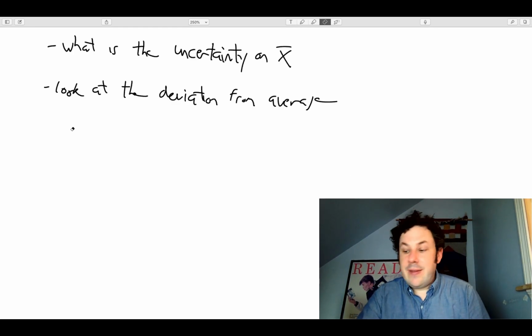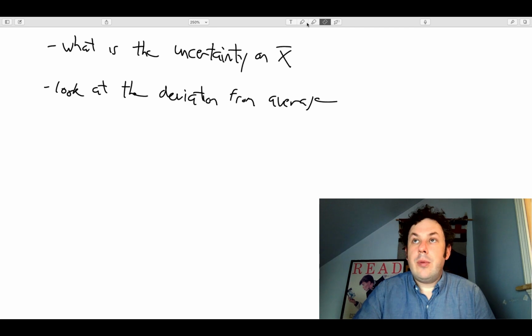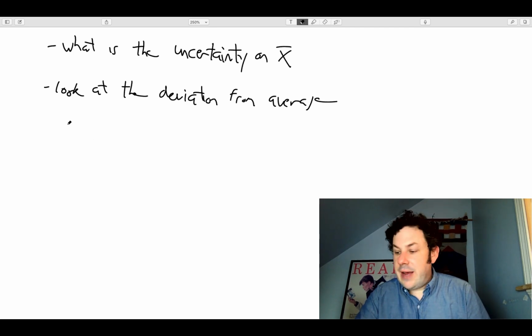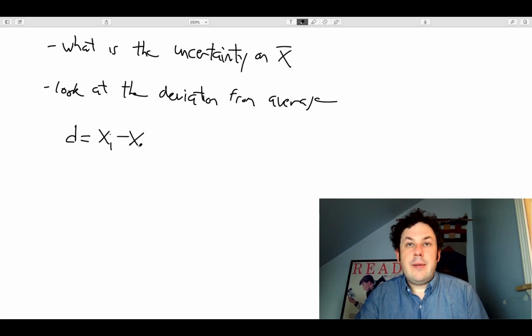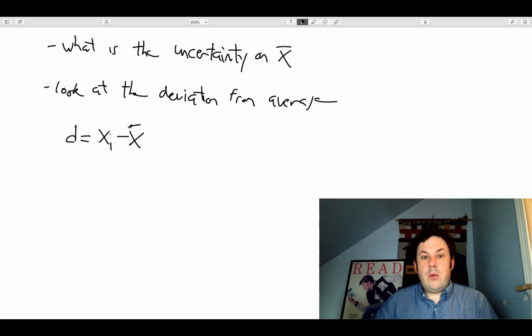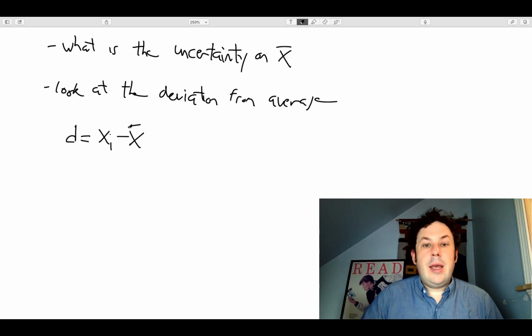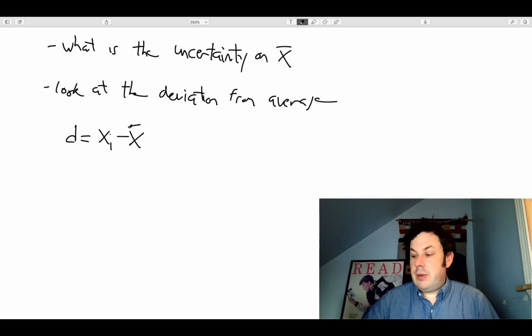So we define the deviation as d, an individual deviation, which equals the individual measurement that you're taking minus the average value. So you would say, okay, you can find an individual deviation for each measurement.